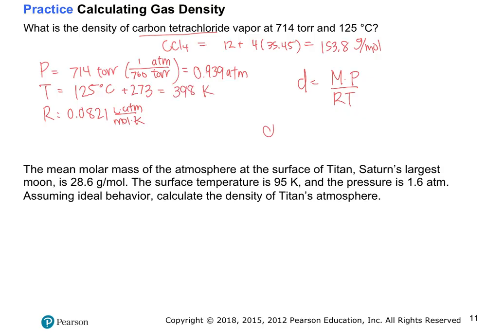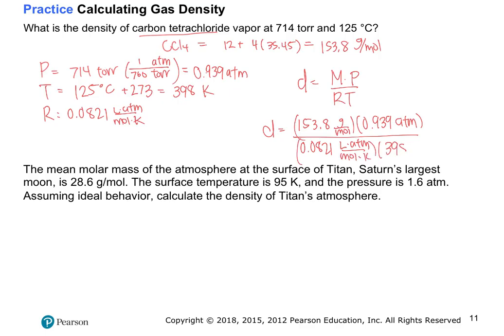So now we can plug in: density equals 153.8 grams per mole times our pressure, 0.939 atmospheres, divided by R, which is 0.0821 liter atmosphere per mole Kelvin, and then we have our temperature of 398 Kelvin.